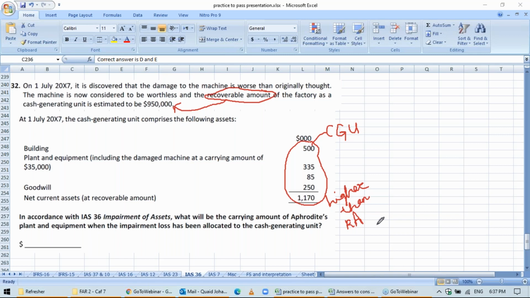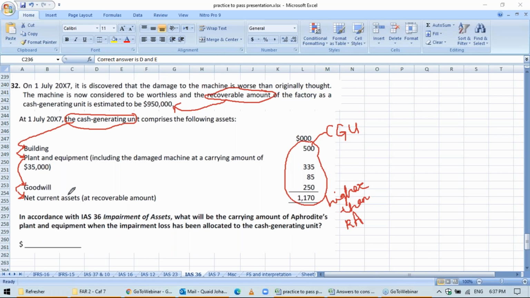First of all, now they are talking about a cash generating unit. And how many assets are there in the cash generating unit? A building, then plant and machinery, then goodwill, and net current assets. Probably net current assets will be inventory, receivables, and these types of things.